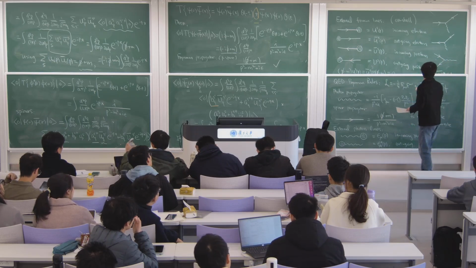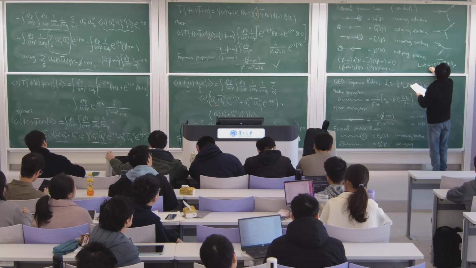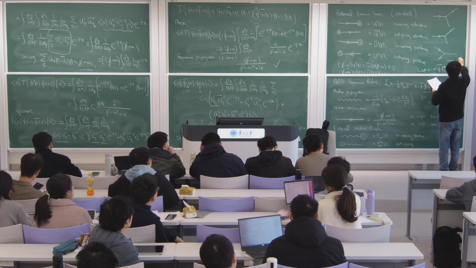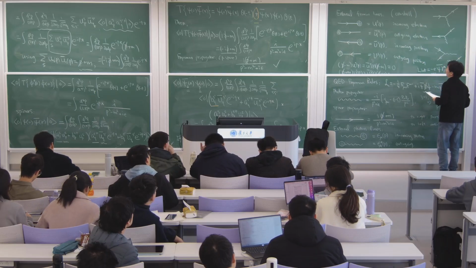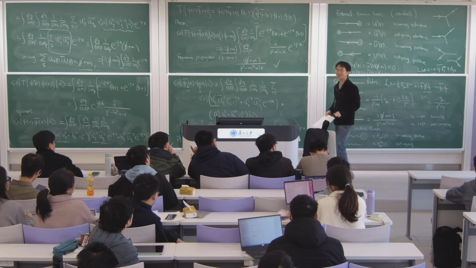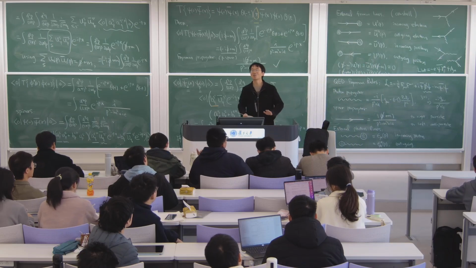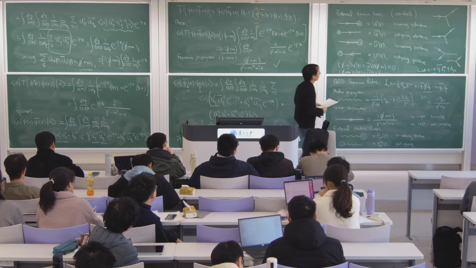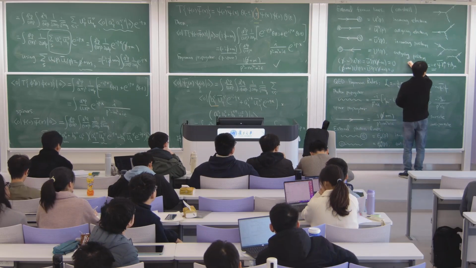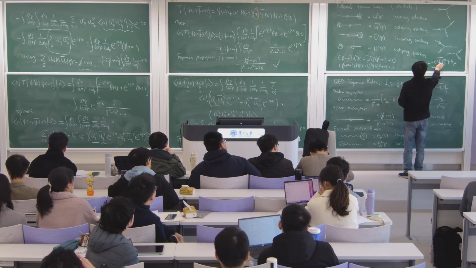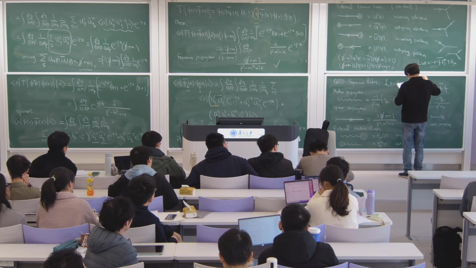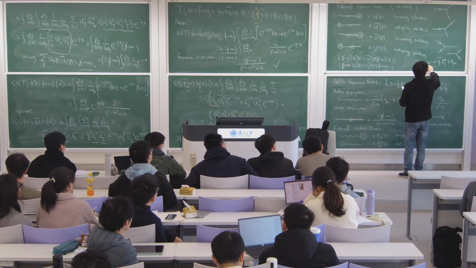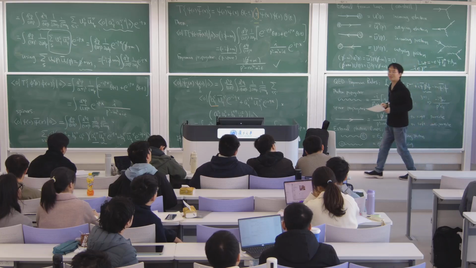All the different vertices, but since we only need to read off the coupling, all these graphs contribute a factor of minus i e gamma mu, which is the coupling from here. Don't forget this is also gamma mu.